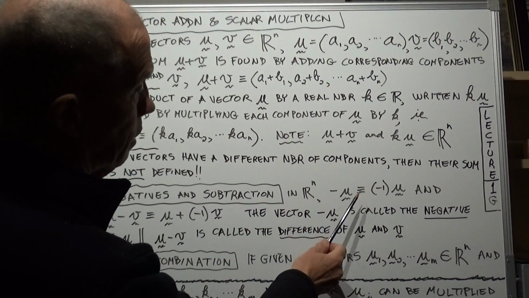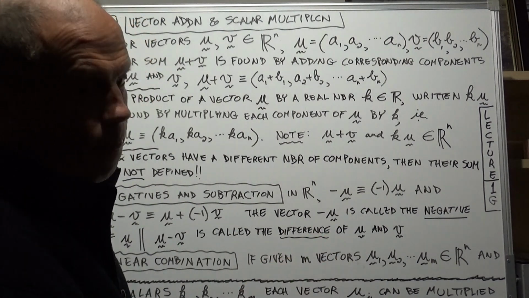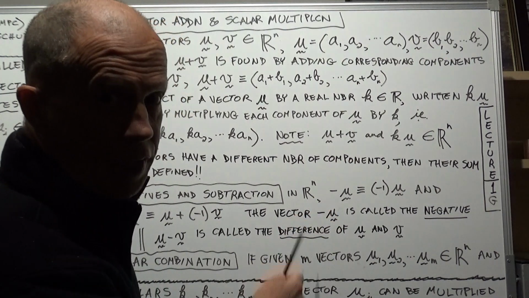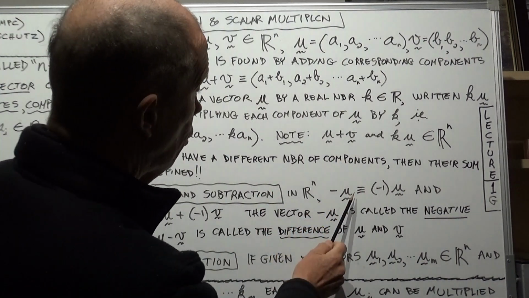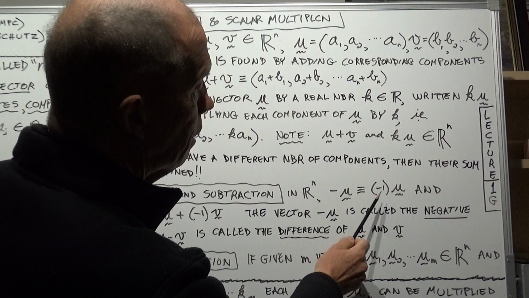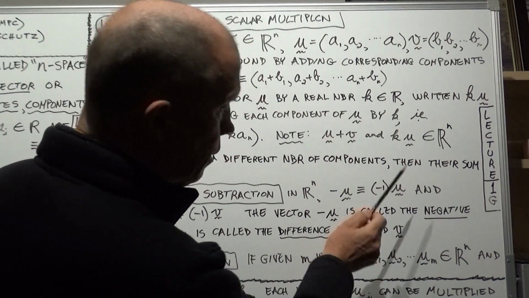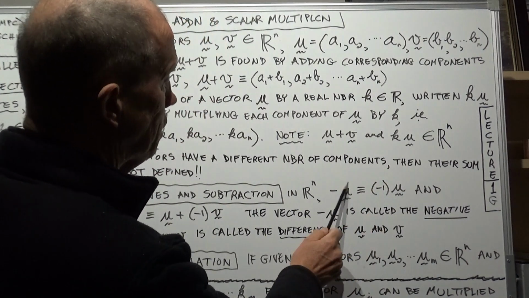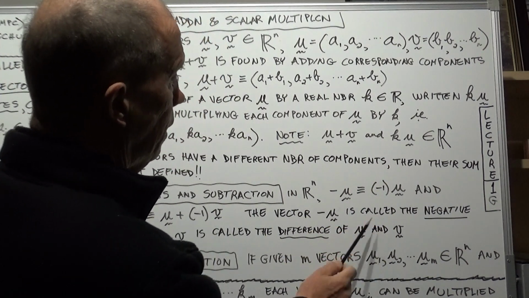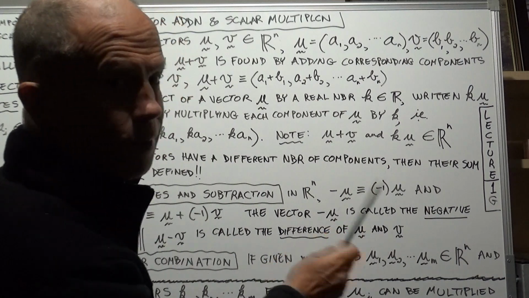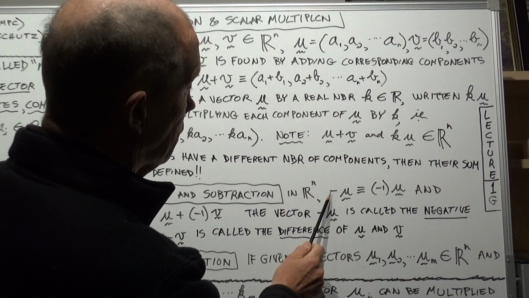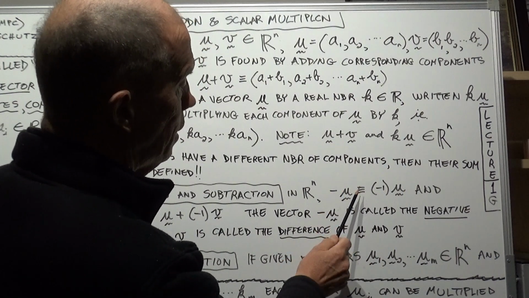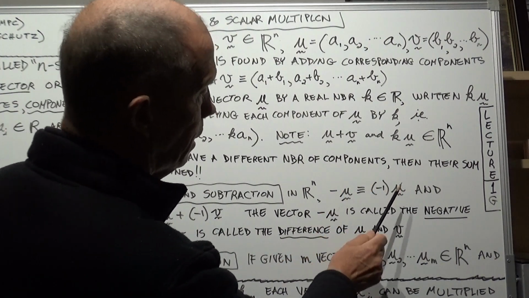Remember in earlier sessions, three bars is the symbol for 'is defined by'. So -u is defined by -1 times u. This gets a bit tedious because of the brackets, so you just leave them out, and you don't even put the 1, you just put minus. So -u is defined by -1 times u.